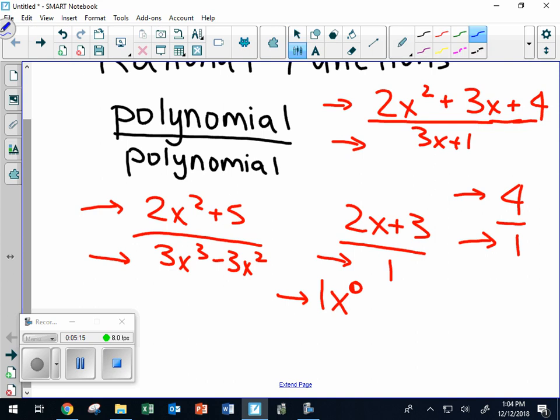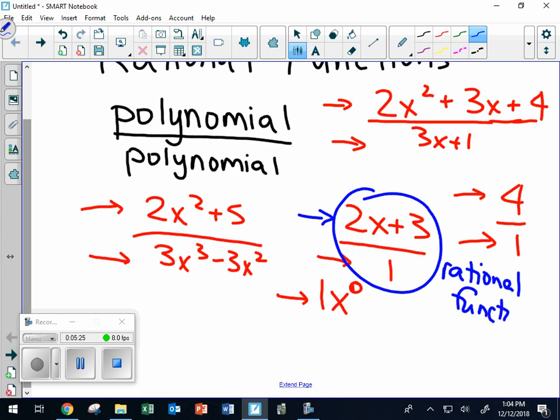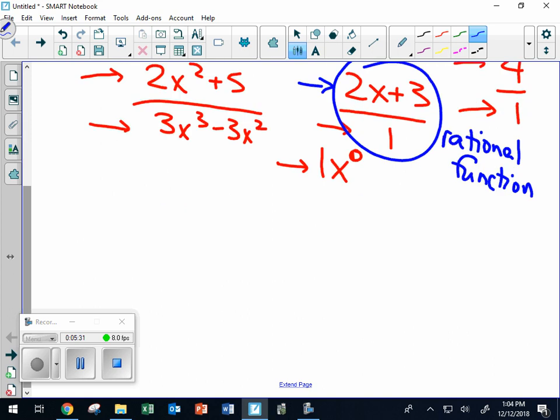But okay, so 1 is a polynomial. 2x plus 3 is a polynomial. That means that this right here is a rational function. How about this, is that a rational function?